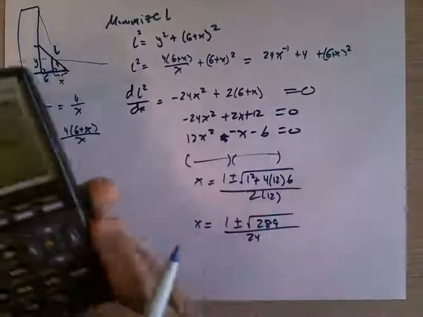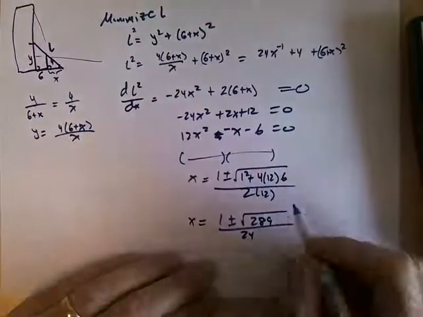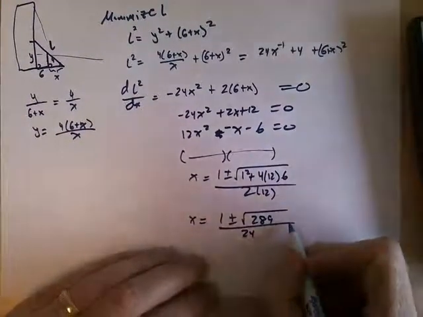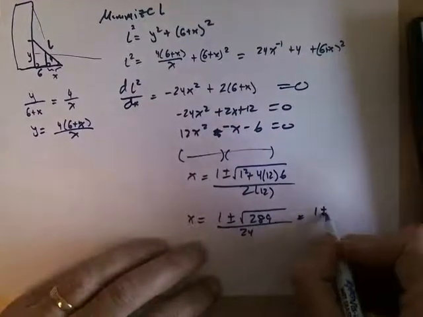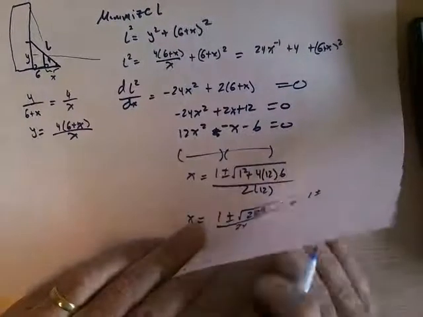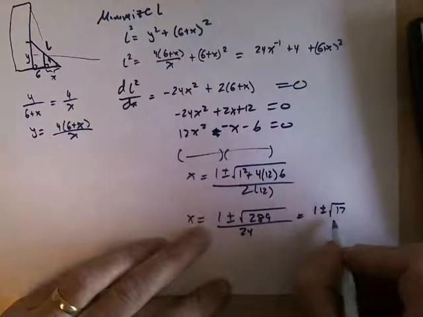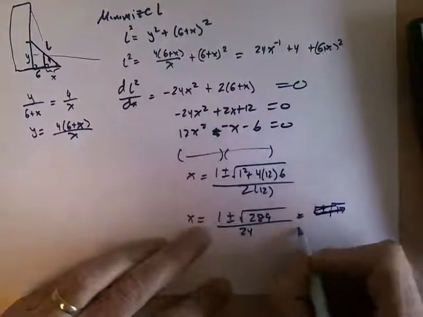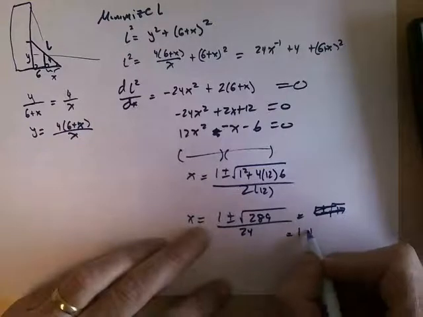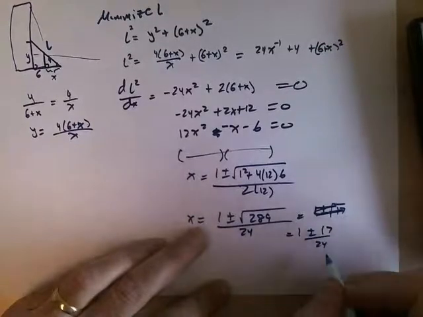It's 17. So this is 1 plus or minus 17 over 24.